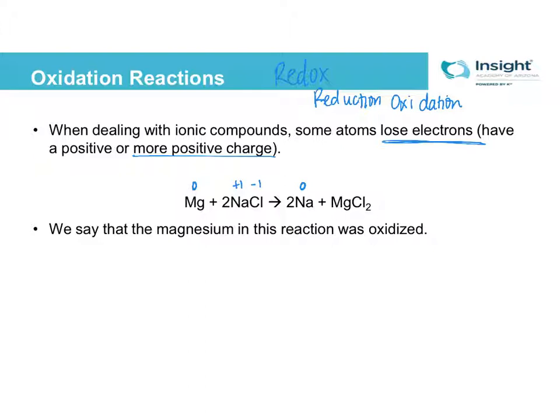It's neutral. It's not in an ionic compound anymore. And then the magnesium is +2, and then chlorine's still -1. All right, we just needed 2 of them to get the charge to cancel out. So you can see that magnesium was oxidized because it went from being 0 charge to +2. It became more positive.